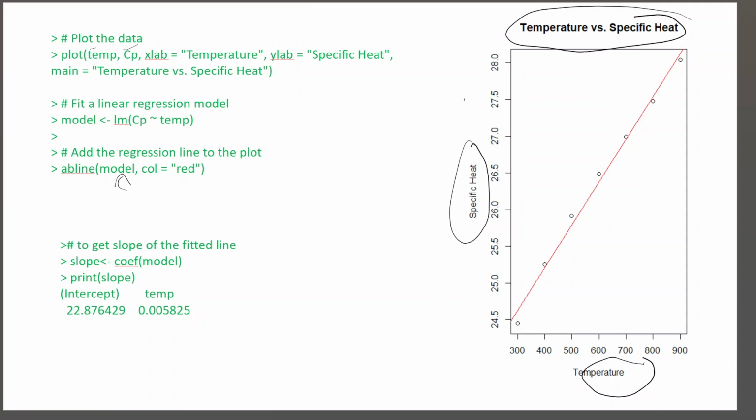So now the question is not to draw a line or anything like that.